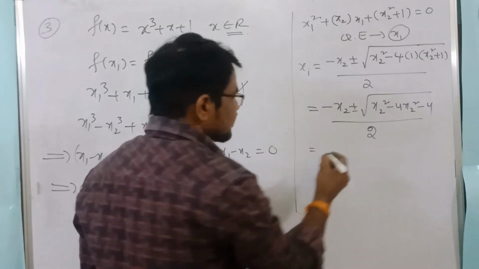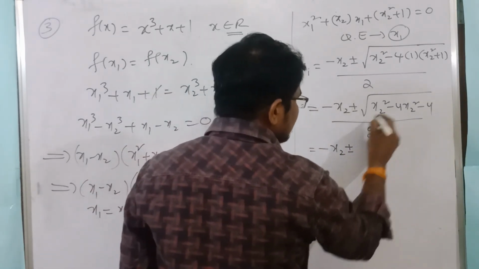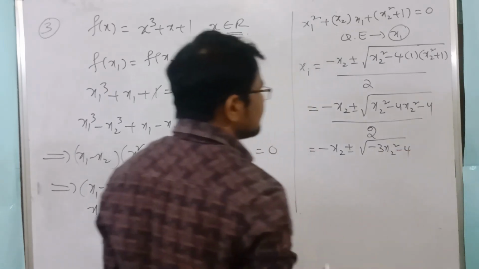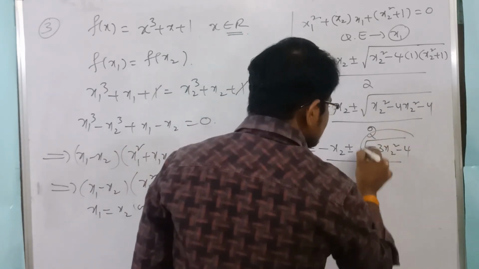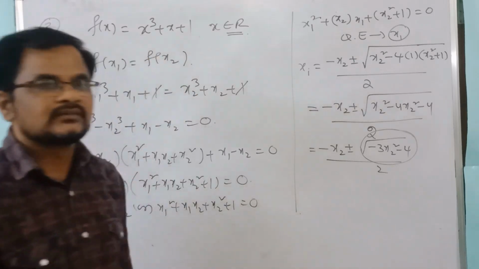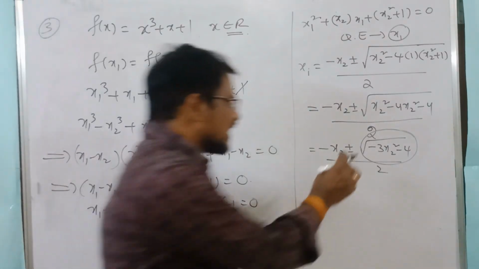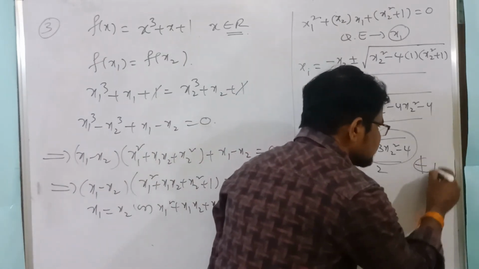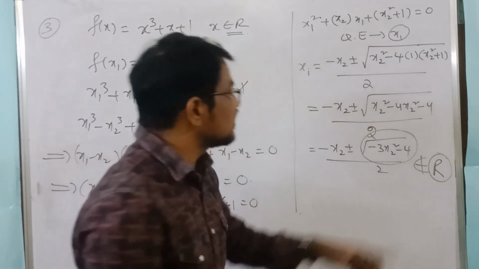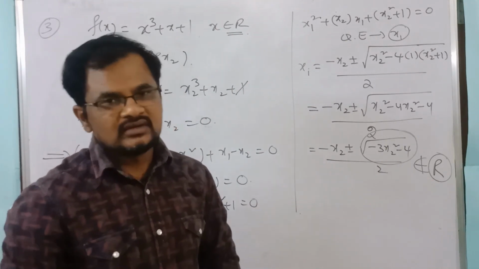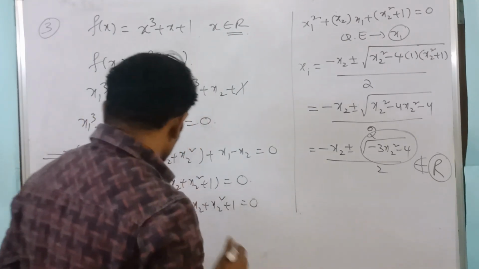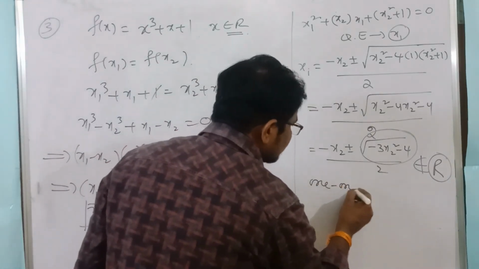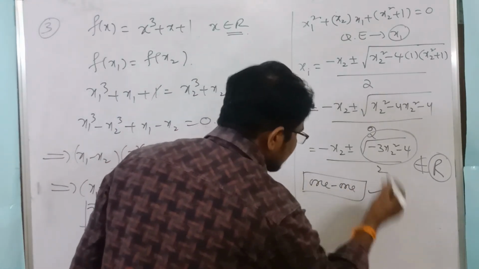That is equal to minus x2 plus or minus root of minus 3x2 square minus 4 divided by 2. Now once you observe, it does not belong to real numbers, means i into something you will get. So that's why it does not belong to the domain of the given function. So definitely we have to consider this one only. So f is what? One-one. So like this we have to do this type of problems.